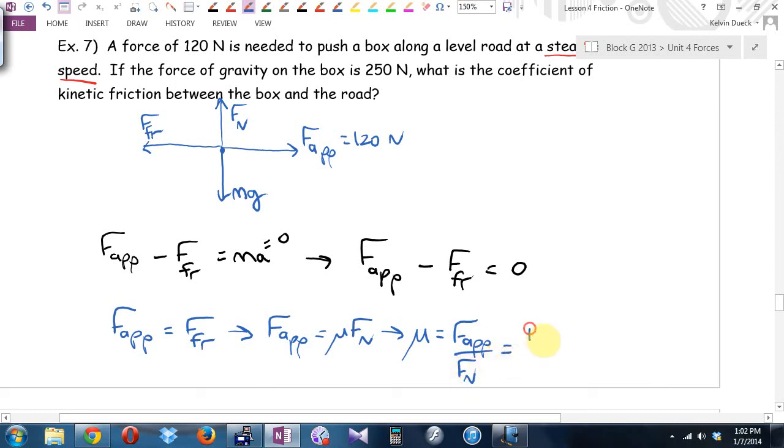It's going to be 120 divided by, I don't know the normal force. Oh, but look. I know another force the same size as the normal force. And what did they tell me the force of gravity was? They actually didn't tell me m. They just said the force of gravity on the box is 250. They gave me mg.